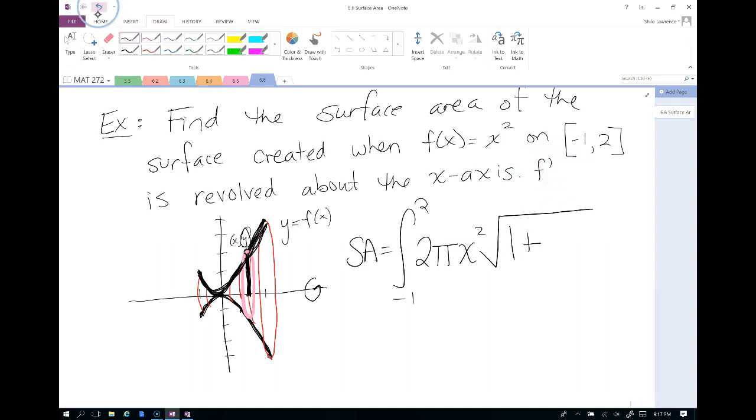Let me do that in another color. So f prime of x is 2x, and then we square it, we get 4x squared. So that's what we want inside our integral there, 1 plus 4x squared dx.